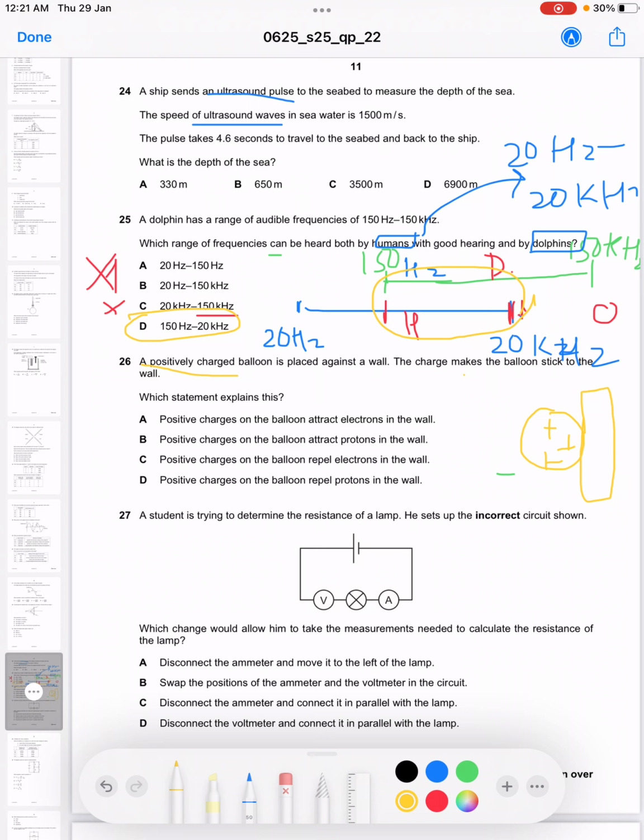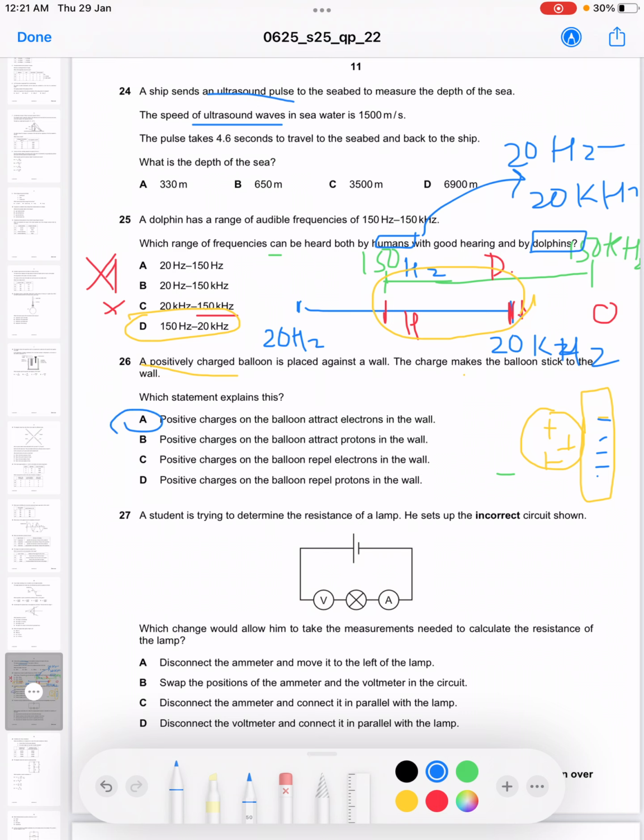Obviously, if it is positive, then the wall must have generated a negative charge, so that both of them attract each other and the balloon will stick to the wall. So let's check the options. Positive charge on the balloon attracts the electrons of the wall. So yes, option A is the right option.